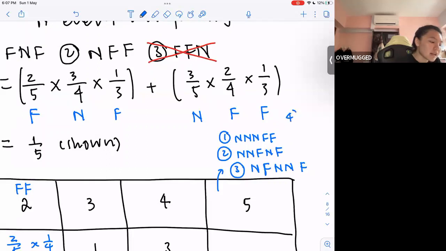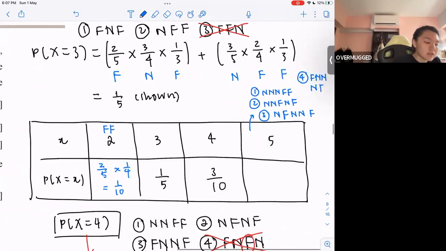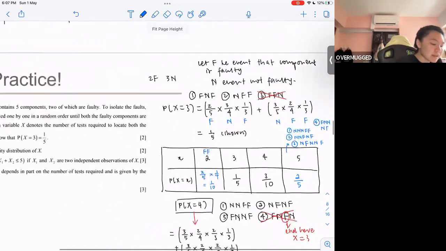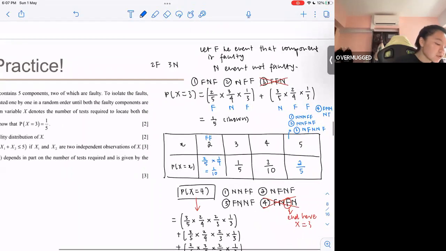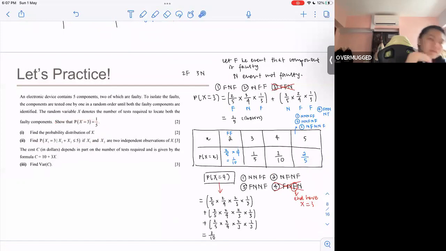And then the fourth and last scenario would be 40, and then in between is all not 40, until you find a 40. So you can slowly go and calculate the probability for this, but in the interest of time, I'll tell you that this would be 2 out of 5. So with that, you will have tabulated your probability distribution table for part 1.